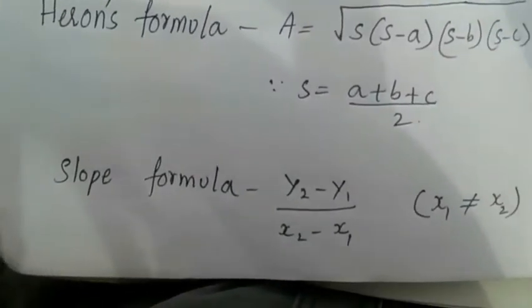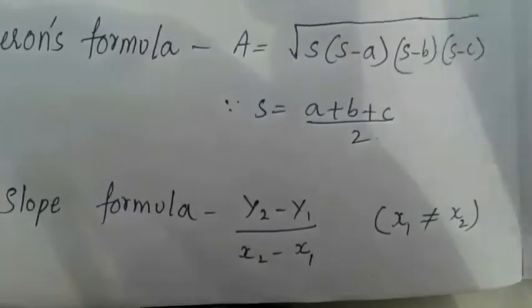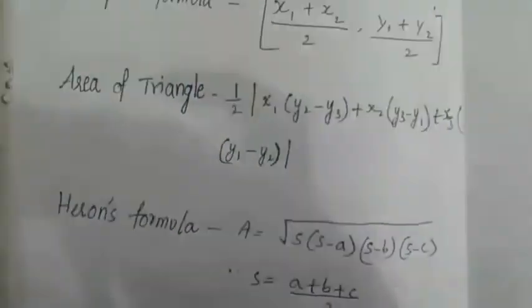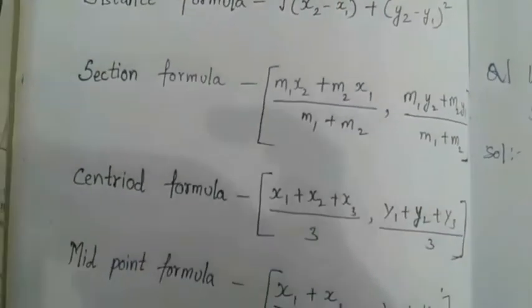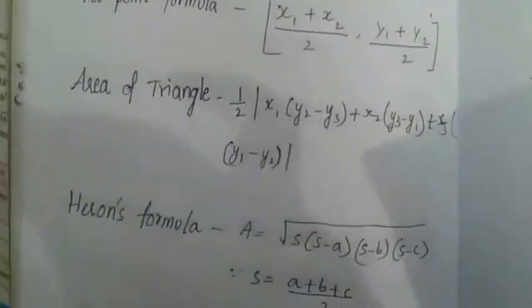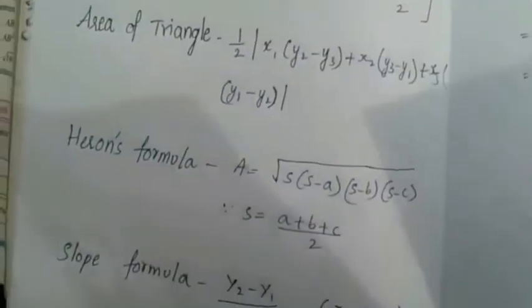Then we have the slope formula, that is (y2 minus y1) by (x2 minus x1), where x1 is not equal to x2. So these are the formulas you need to remember, and if you remember them, you can easily get good marks when the questions come from this coordinate geometry chapter.